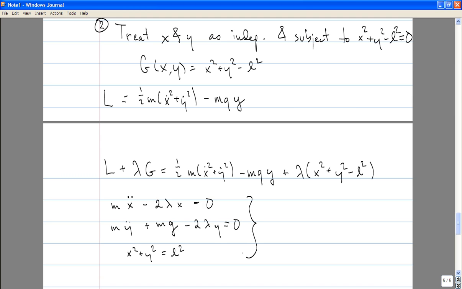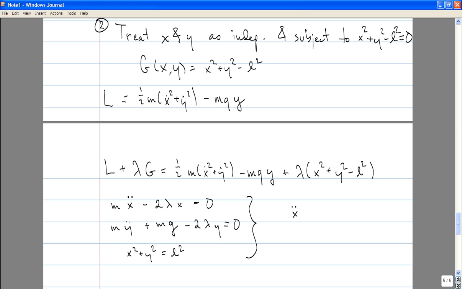So let's note that we can find a linear combination of those first 2 equations which will get rid of lambda. That's just found by taking the first equation, dividing by x, and subtracting the second equation divided by y to get rid of lambda.